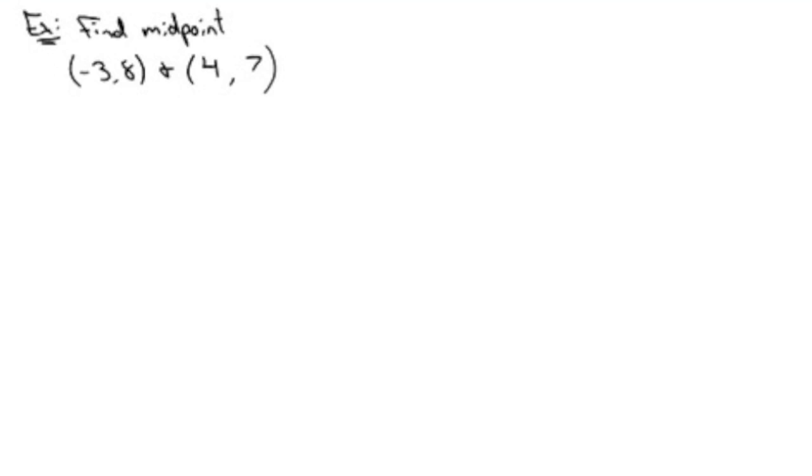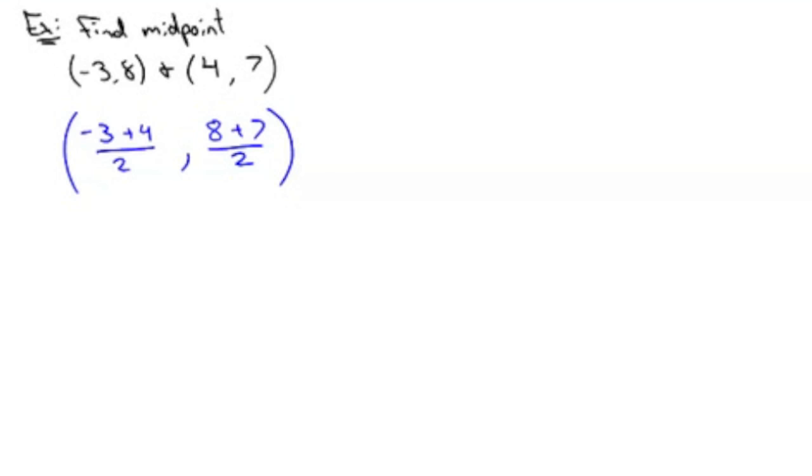So how do you find the midpoint? You find the average of the x's and the average of the y's. What's the average of the x's? It's going to be -3 plus 4 divided by 2. And then the average of the y's is going to be 8 plus 7 divided by 2.